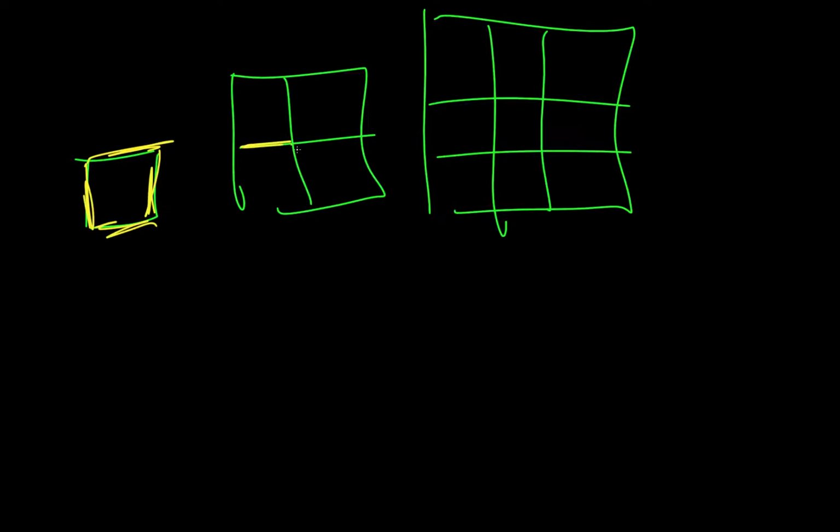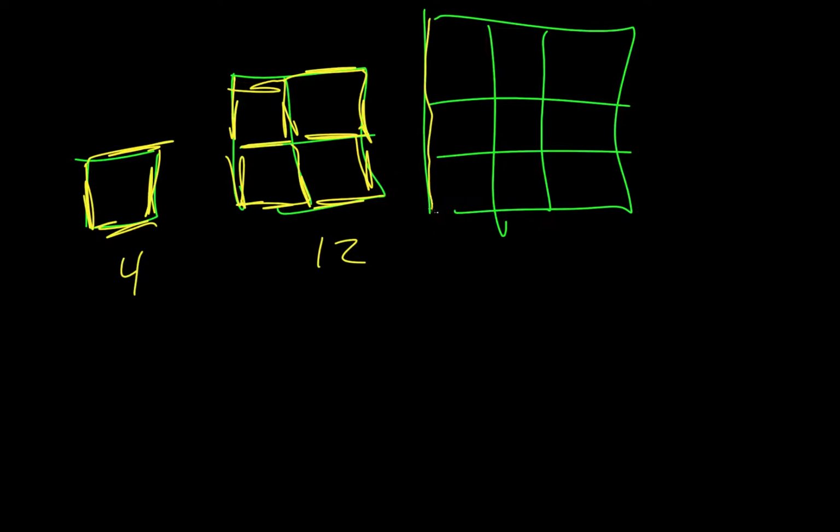This would be 1, 2, 3, 4, 5, 6, 7, 8, 9, 10, 11, 12. So 4, 12, and then the next one is 24.